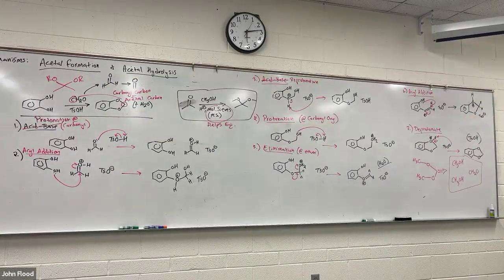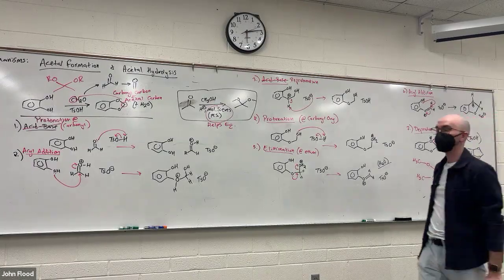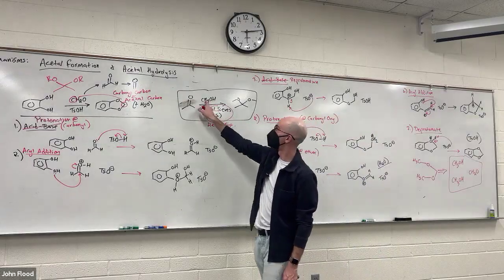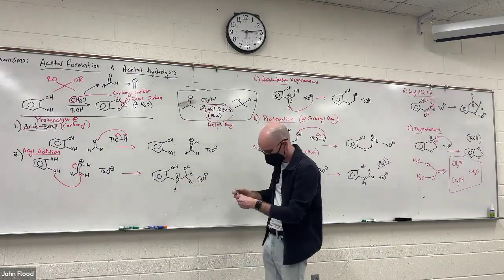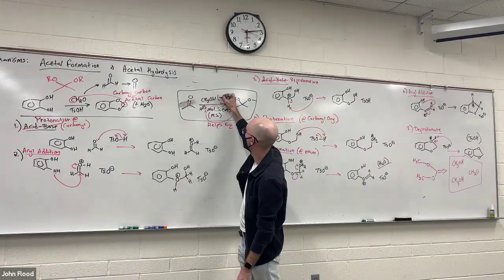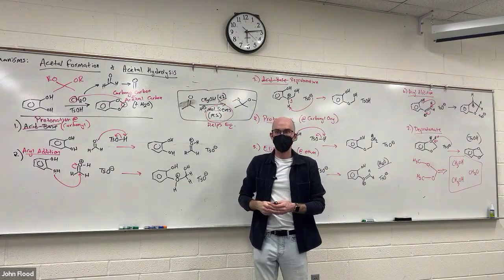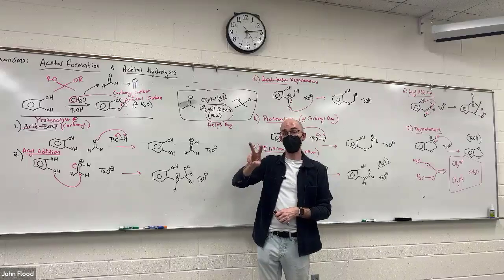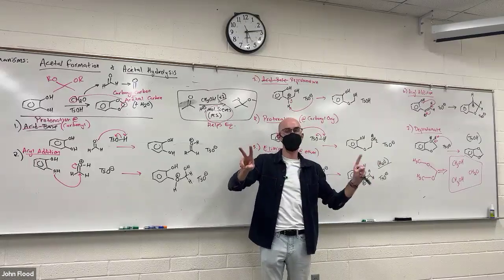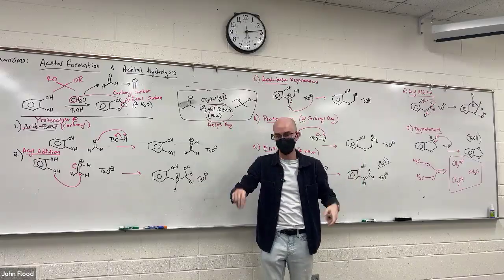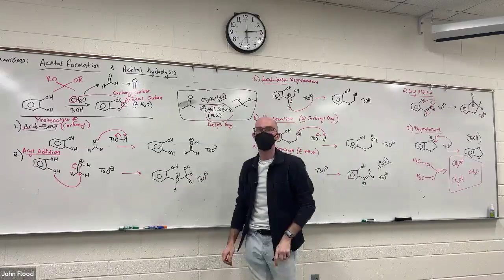When we're saying that, if the carbon chain doesn't look exactly the same... Oh, and you know what? Sorry, I would have typically put on here 2 equivalents, because I need 2 alcohols to make an acetal. I'm just meaning the carbon chain.